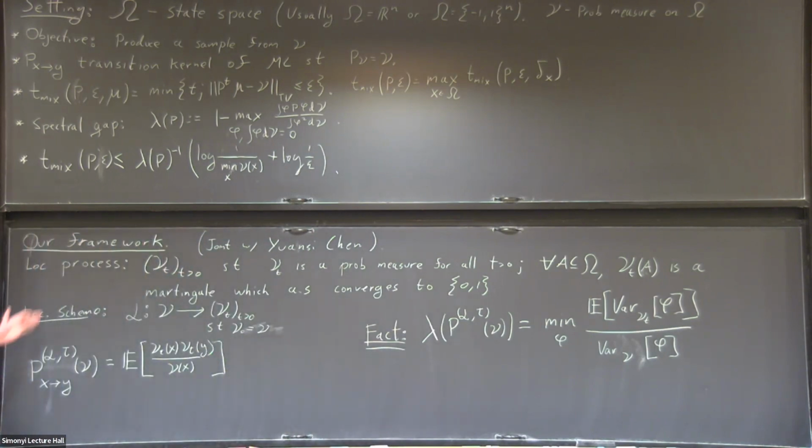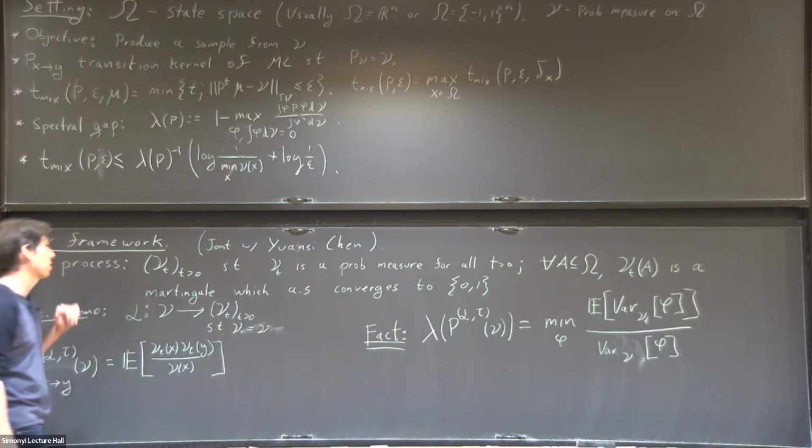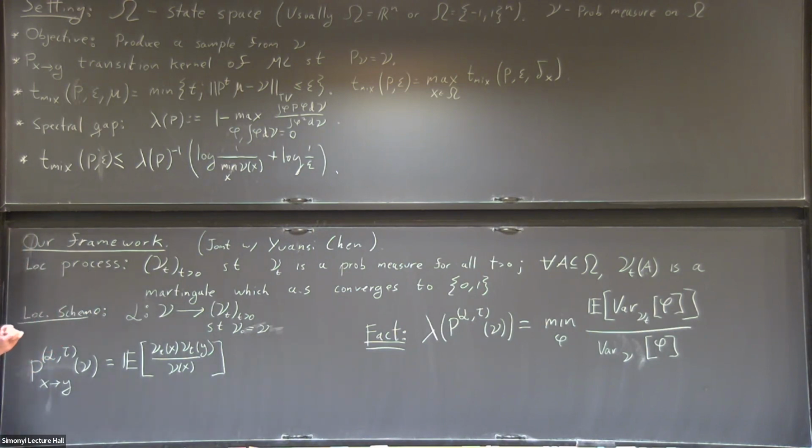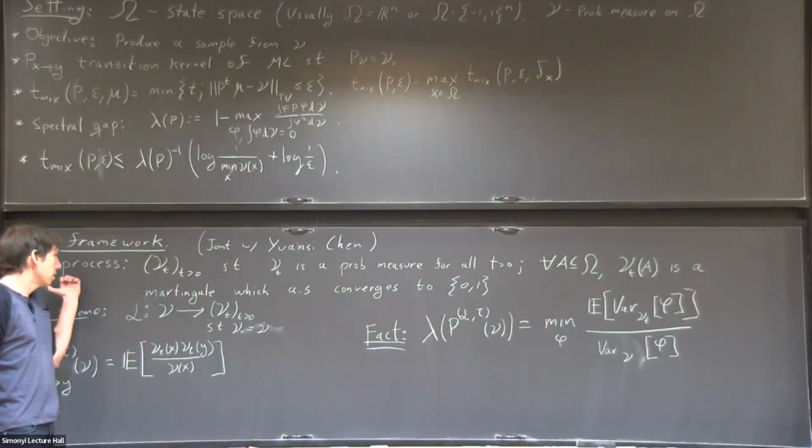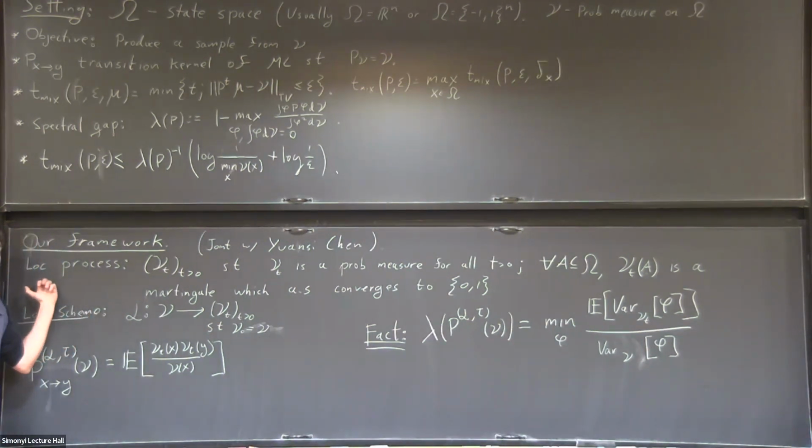And in the center of the framework is an abstract definition that works for really any state space you would want. Not just these, but we'll only talk about R^n and the discrete hypercube. The central definition really is a localization process and a localization scheme.